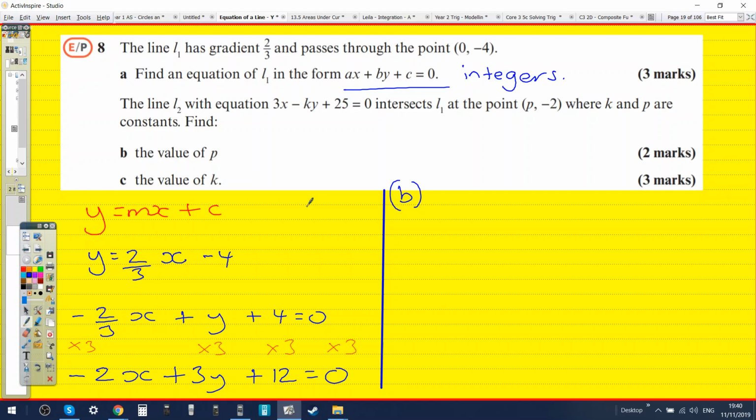Oh, do I need to use the 0, minus 4 coordinates for this? That only goes through one of the lines. These are two different lines, and we're told they cross over at p and -2.